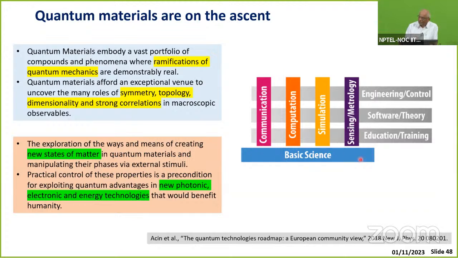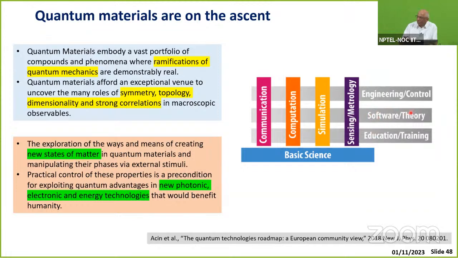So you have the basic science, communication, computation, simulation, sensing, metrology, and of course you have to have education and training. People have to be trained like we are doing now, right? People have to know what quantum materials and quantum phenomena are.